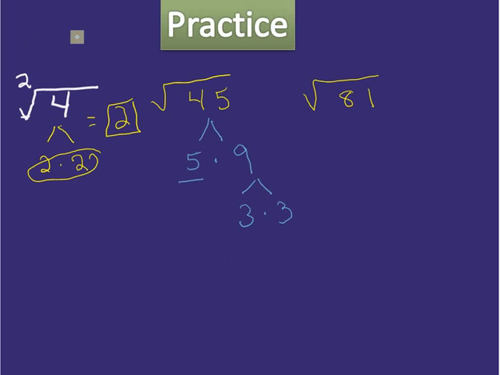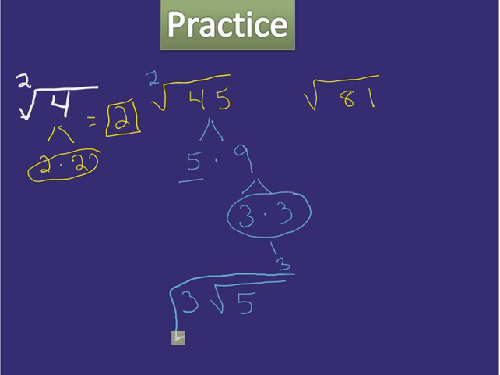Circle your pairs, because remember, this is the square root of 45. And we're looking for numbers to pull out of that root. We have one pair of 3's here, which equals one 3. So what we can do is we can pull the 3 out of the radical, but the 5 doesn't have a pair, so it remains inside. And this is your answer.